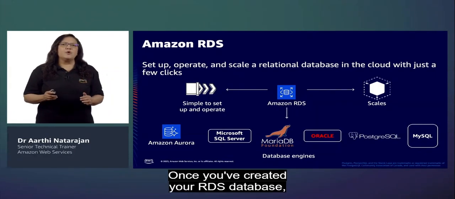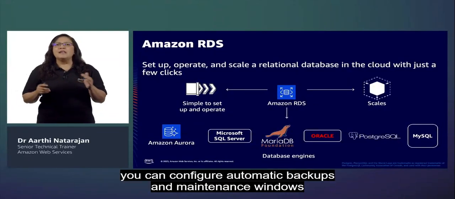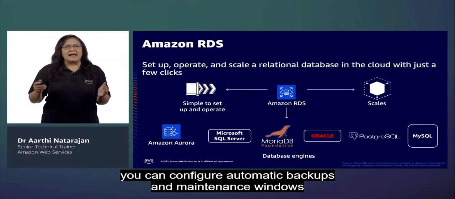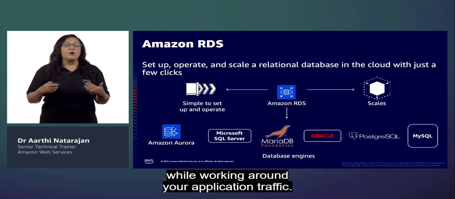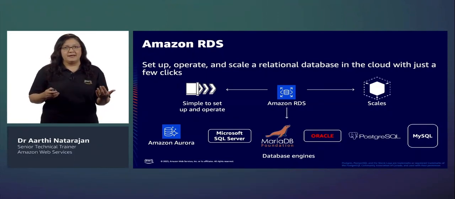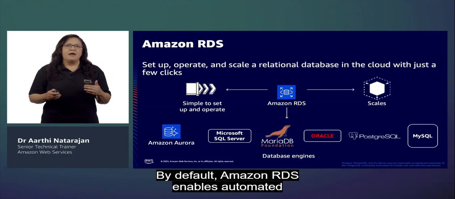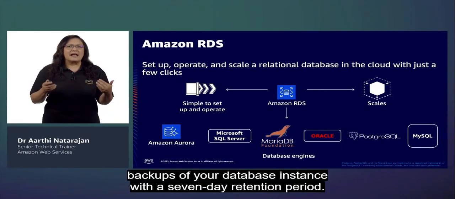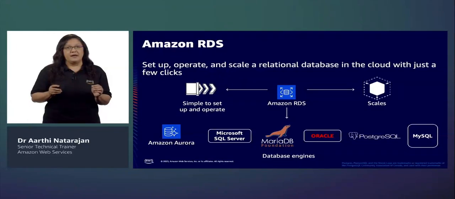Once you've created your RDS database, you can configure automatic backups and maintenance windows while working around your application traffic. By default, Amazon RDS enables automated backups of your database instance with a 7-day retention period.